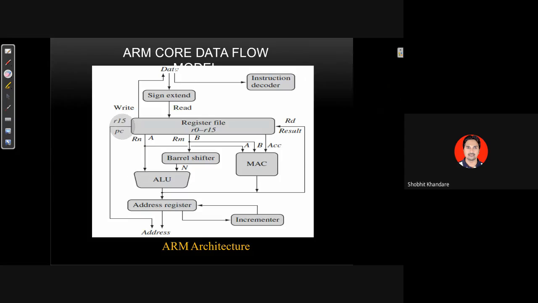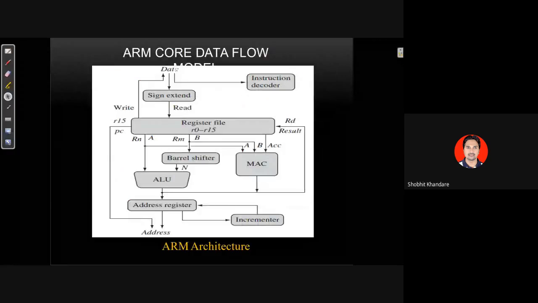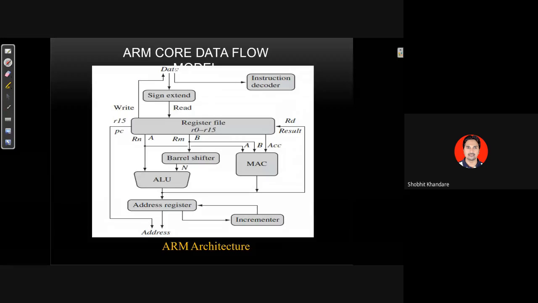तो हमने पहले डेटा देख लिया. Now we will proceed to the next one. The next one is your MAC and ALU. Now try to understand, these blocks are very important. As I have told you, your ARM instruction is of 3 operands. 3 operand क्यों कहा जाता है, that I have also told you.